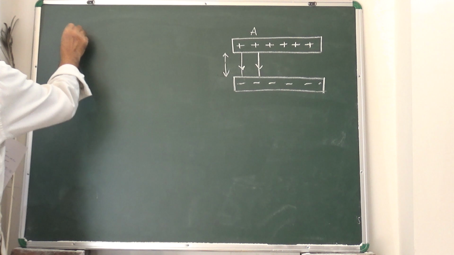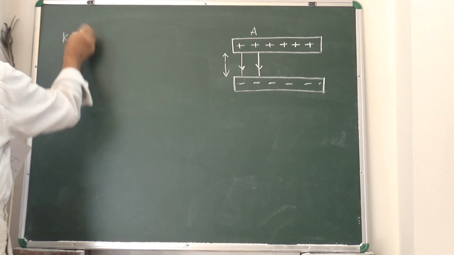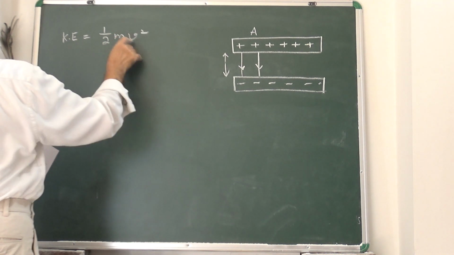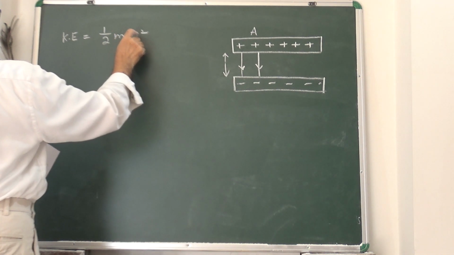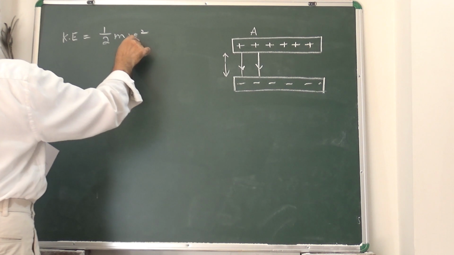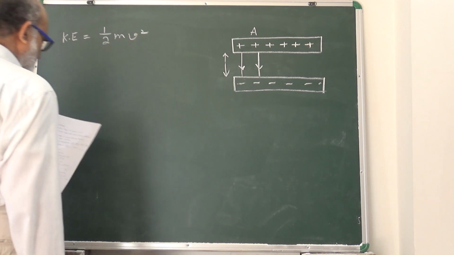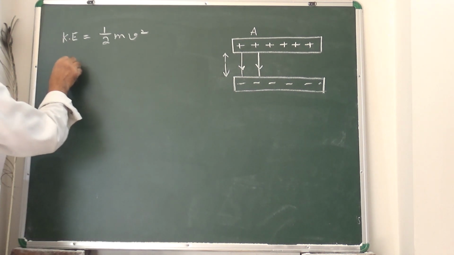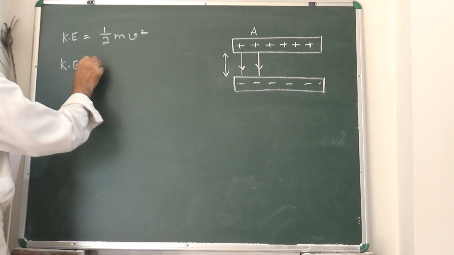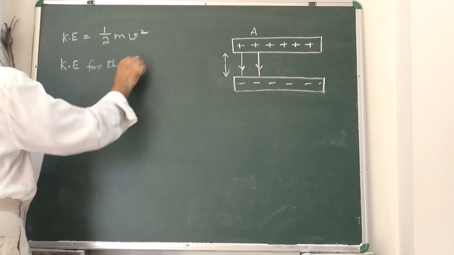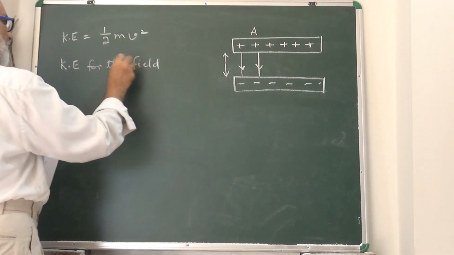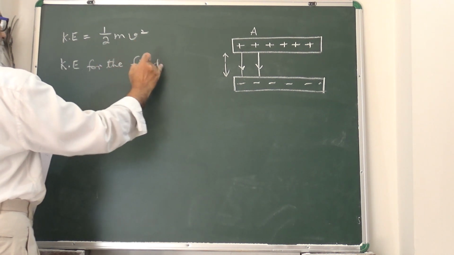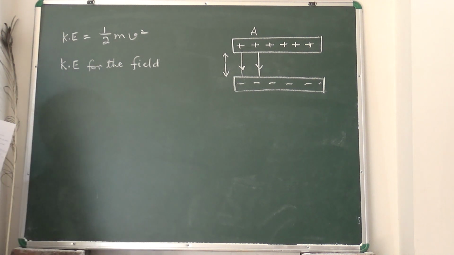The kinetic energy for a particle of mass m having velocity v is given by half m v square, where v is the variation of the position with time. Similarly, the kinetic energy for the field must be proportional to the square of the variation of the field with time. Now, the field varies not only with time, but it also varies with position.